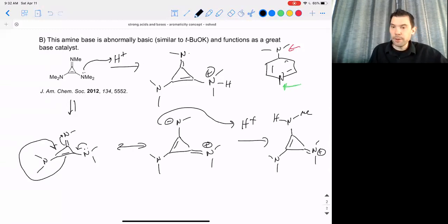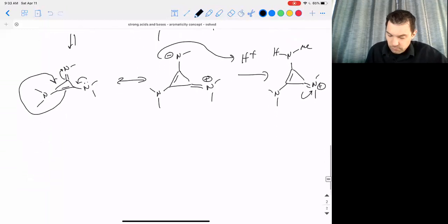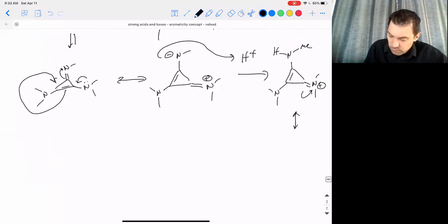Now, a fun thing about this system is it's also going to be aromatic. And so if we move this double bond up, we can put that positive charge here.